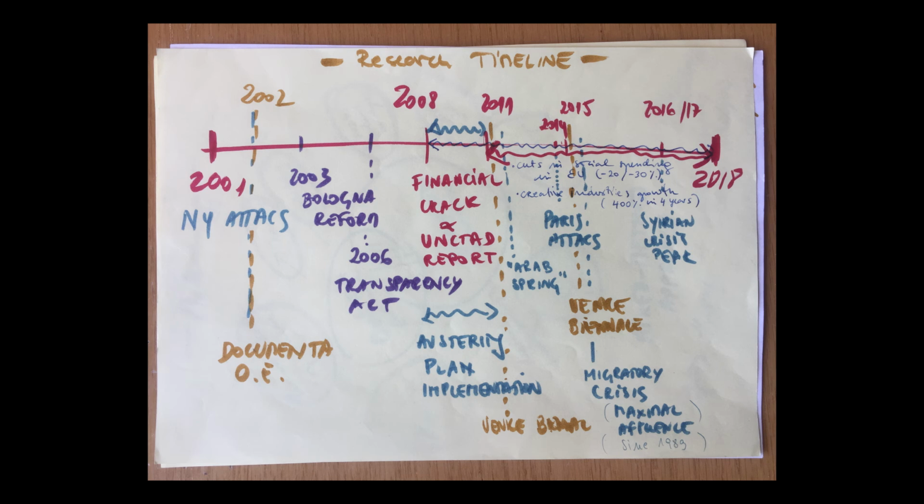2003, the Bologna Process reform, which set the new beginnings of the industrialization of knowledge and cognitive practice, including critical thinking and so on. 2008, the financial crash, which also coincides with the UNCTAD report, which sets the way investments in culture will be made from 2008 onwards.